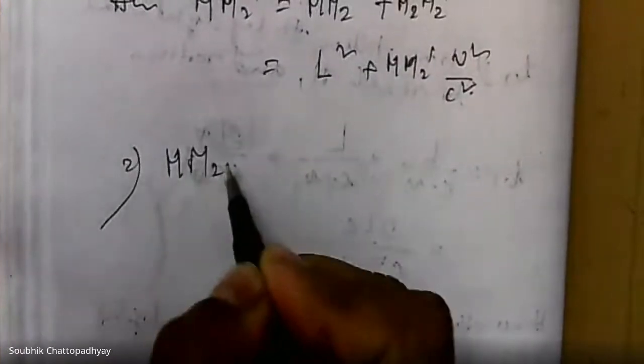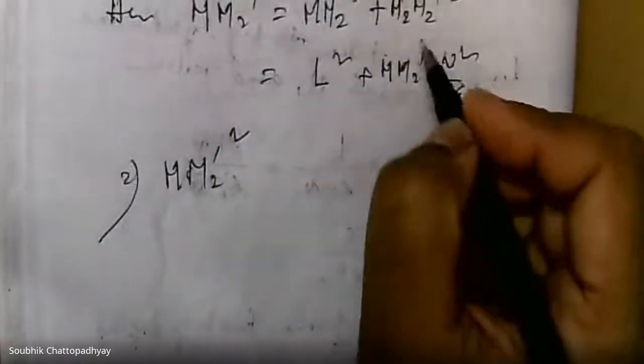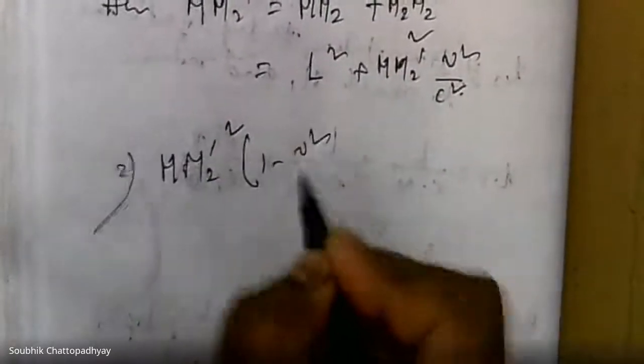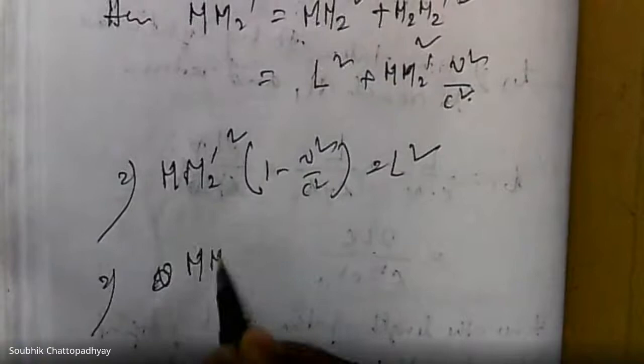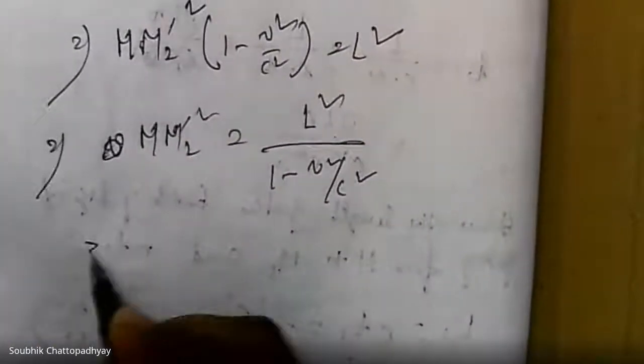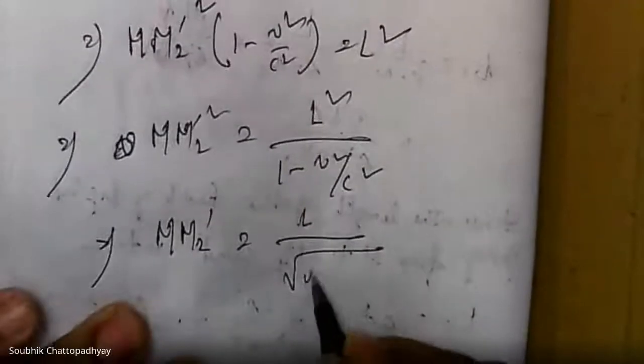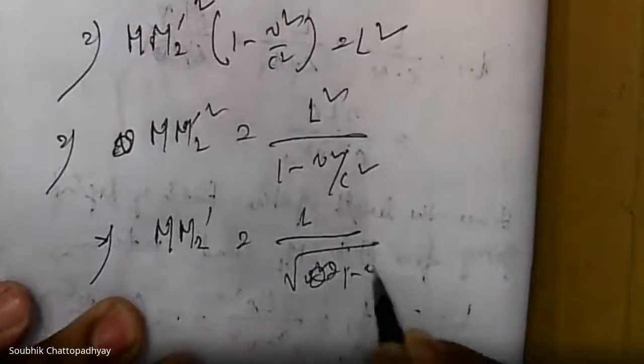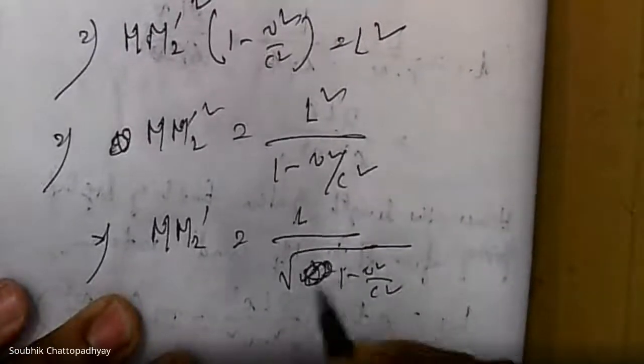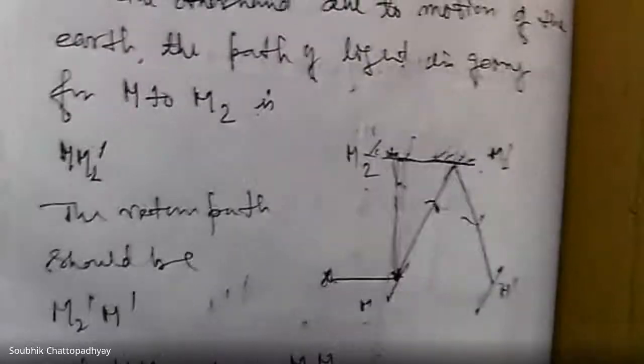M2 dashed, if common, (cancel). 1 minus V square by C square equals L square, or M2 dash square equal to L square by 1 minus V square by C square, or M2 dash is equal to L by root over 1 minus V square by C square. Again, M2 dash is equal to M2 dash M.